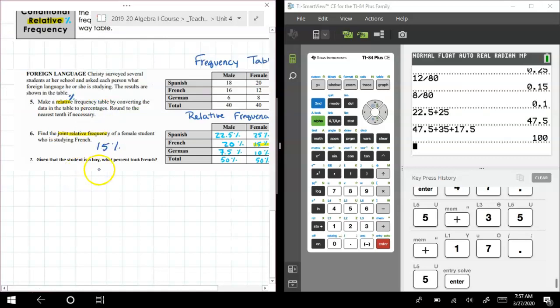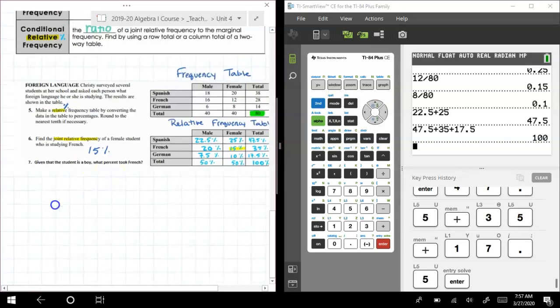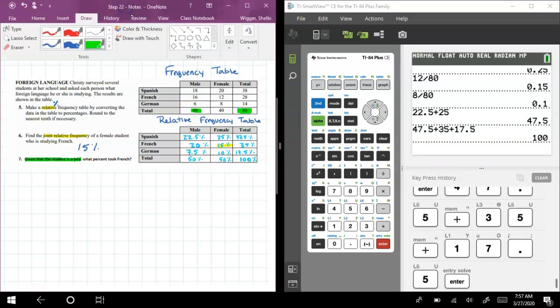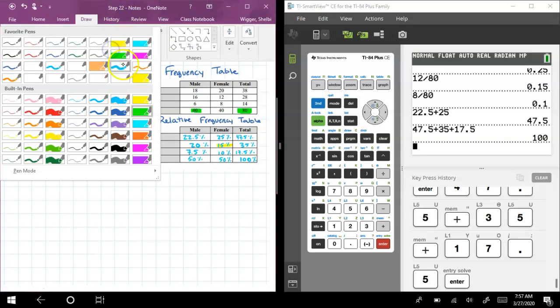And now, given that the student is a boy, so we know they are a boy. How many total boys are there? 40 or 50%. What percent took French?